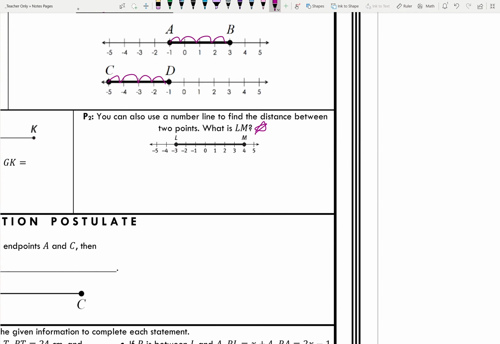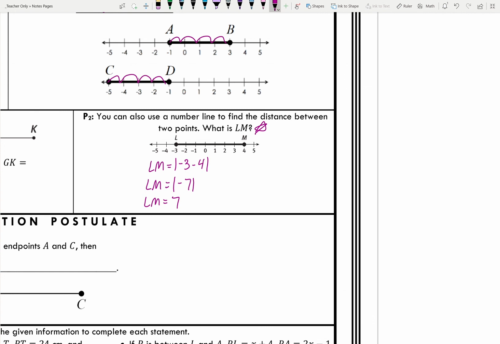So LM is equal to, the coordinate of L is -3, so -3 minus 4 for M. That gives me -7, absolute value of that. So LM is just equal to 7, because the absolute value of -7 is +7.